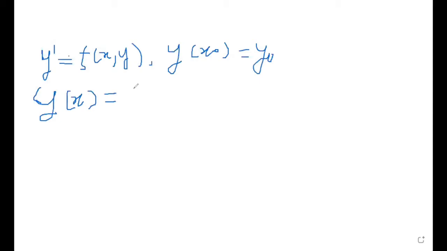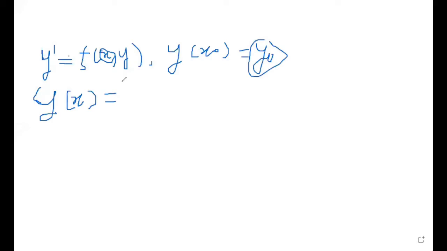So my basic motive, what are the given things? x is given here because x is an independent variable. x is given, f is given, and y naught is given, meaning the value of y at x naught is given. So now how should we move?